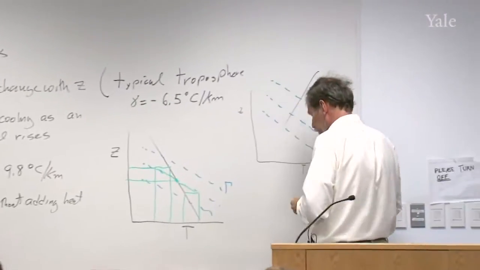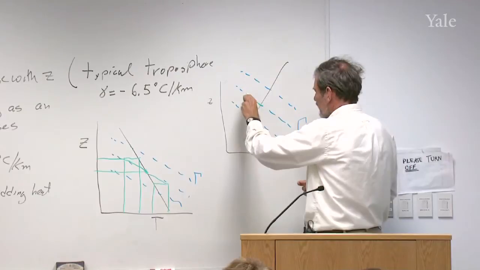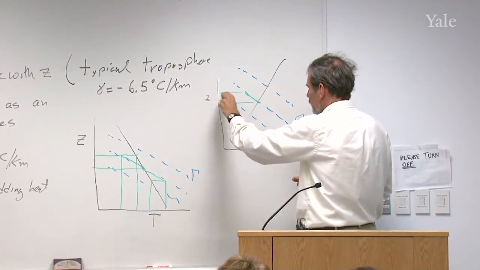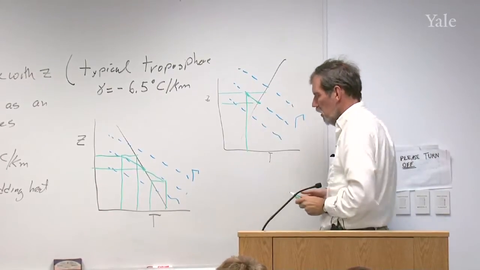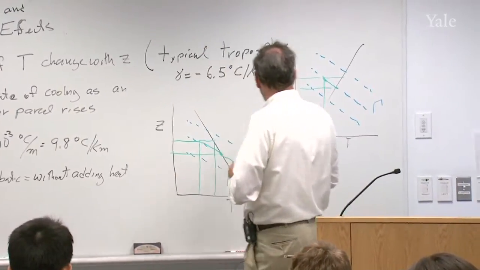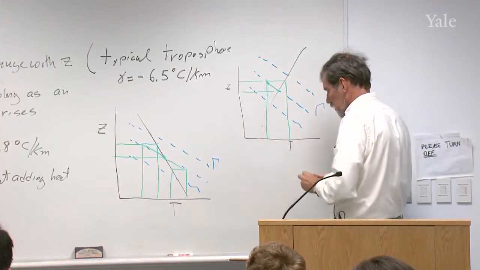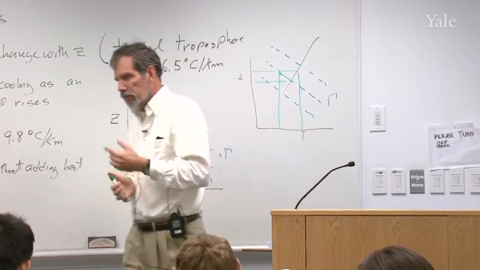If I take a parcel from here and lift it, it gets colder. I'm going to take it from that elevation up to that elevation. There's the parcel temperature. It's actually been moving into warmer air, however. So the new environment is there. So this is an extreme example of stability.